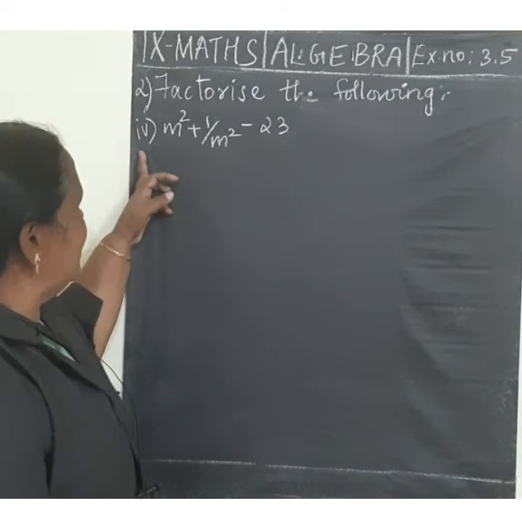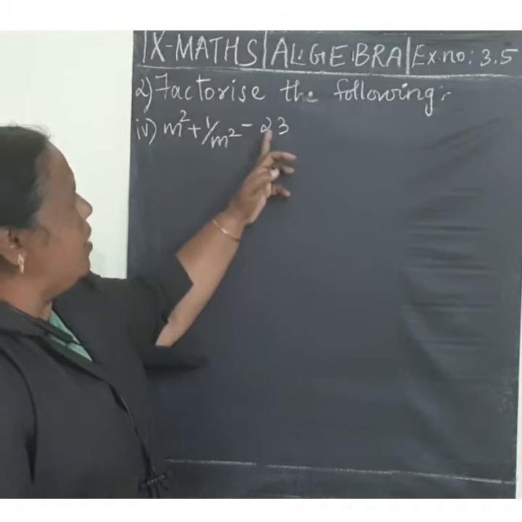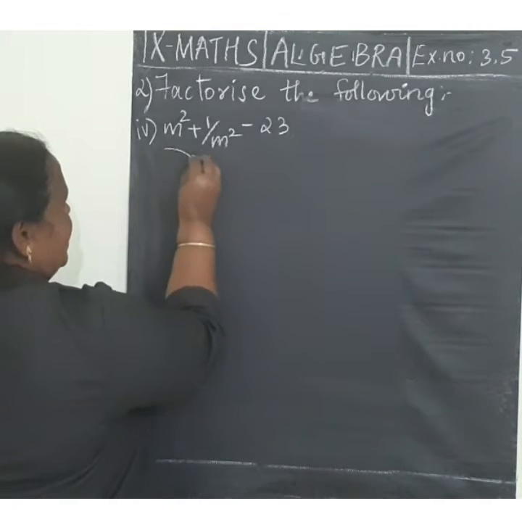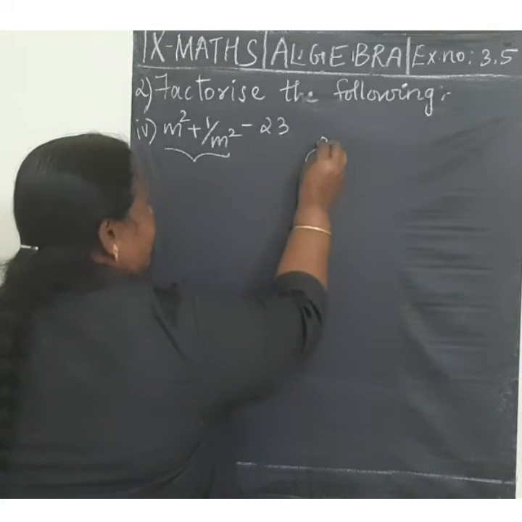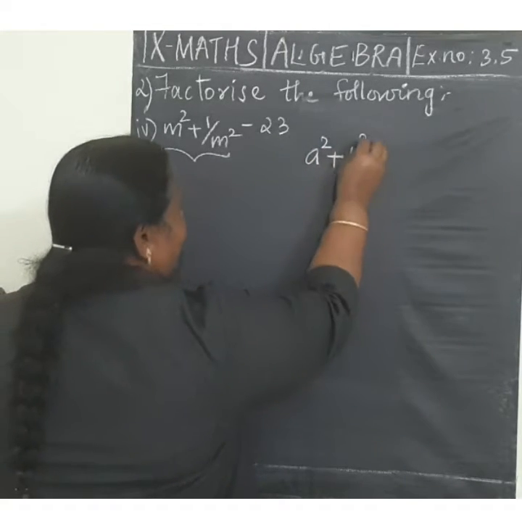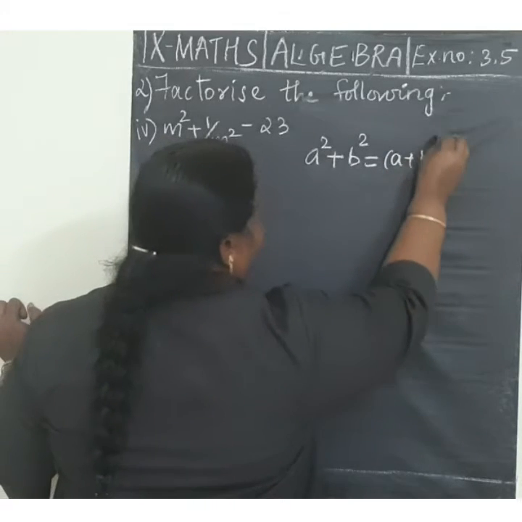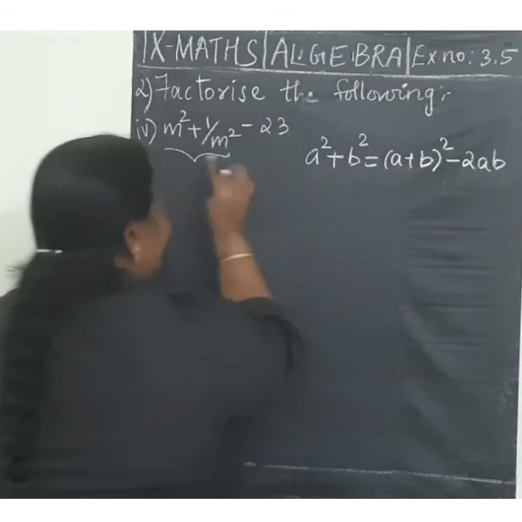Next, fourth subdivision, m square plus 1 by m square minus 23. First, for m square plus 1 by m square, we have to use the identity a square plus b square is equal to a plus b the whole square minus 2ab. This identity we have to use here.